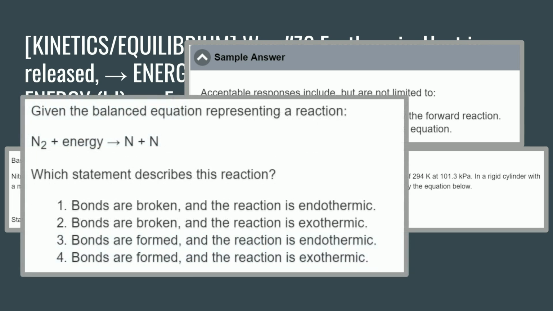Given the balanced equation representing a reaction, which statement describes this reaction? Notice this question is asking you about bonds forming and breaking, so you should be remembering BARF: break, absorb, release, form, and to classify this reaction as endo or exothermic.